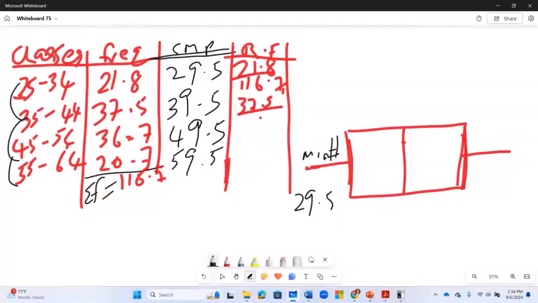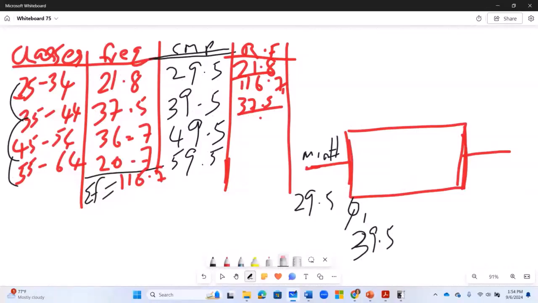So the minimum number is 29.5. The first quartile of that data, Q1, is 39.5. The median is equal to Q1, so I have to redraw. The median and Q1 are the same, so I am going to take this away.